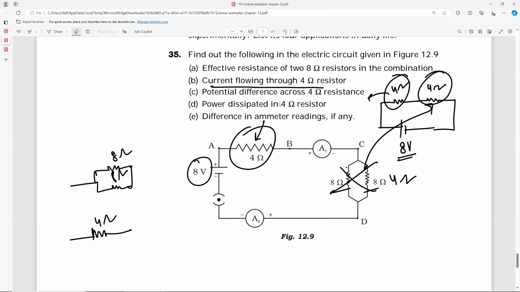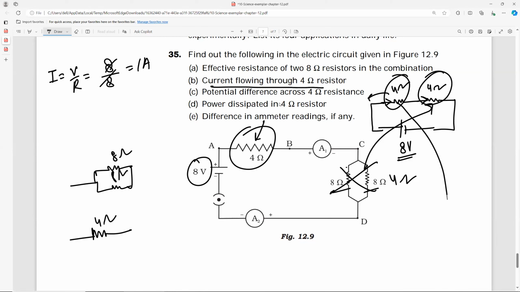Or you can do another thing: you can calculate the equivalent current first in the circuit. I is equal to V upon R. V equivalent is 8 and R equivalent, the total resistance of the circuit, is 8 ohm. So you get 1 ampere. So 1 ampere current will flow through it and will remain the same.